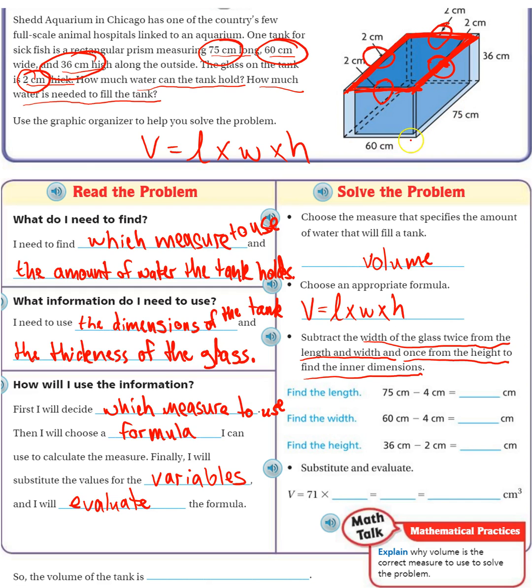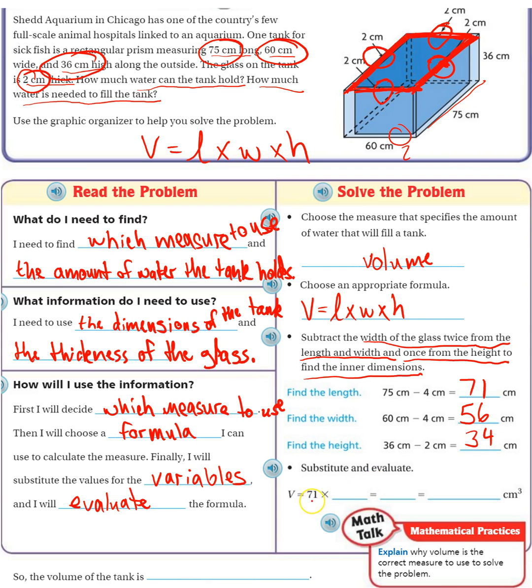But then the bottom is 2 centimeters, but there's not glass covering the top as well. Okay, so that's why it's twice. So 75 is the length, but we have to subtract the 2 sides, 2 and 2, which is 4. So that's 71 by, and then 60 minus the 4 is 56. And then 36 minus the 2 is 34.